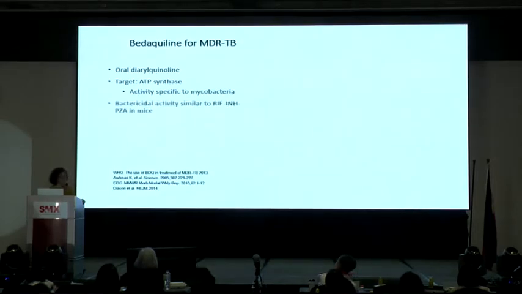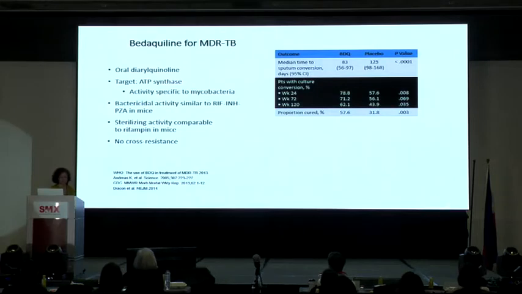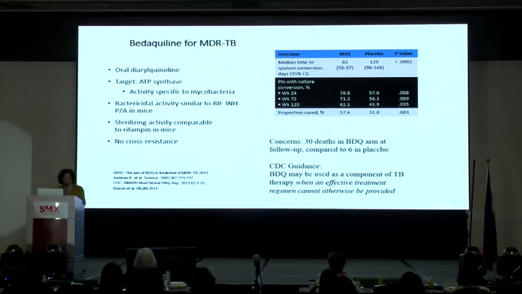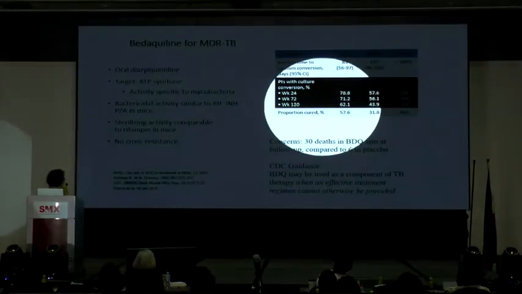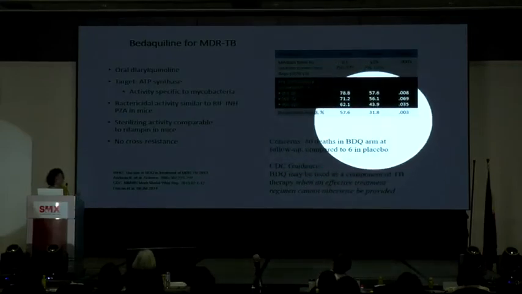And bedaquiline is another drug, which was actually the first one approved, in 2013. It's a diarylquinoline, which has an activity against ATP synthase, and it was approved with the phase 2 trial showing a cure rate of 57% amongst those given additional BDQ versus a 31% cure rate amongst those without BDQ.